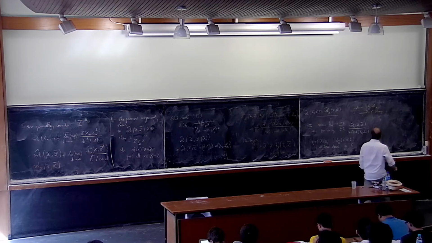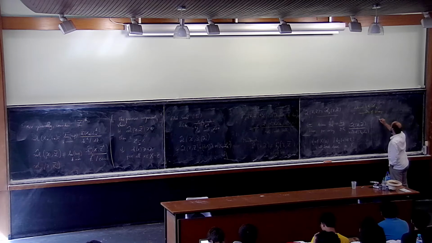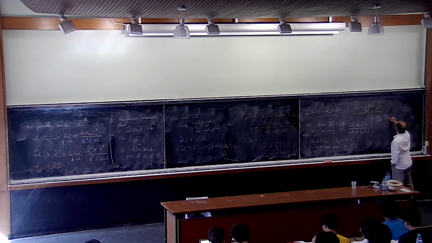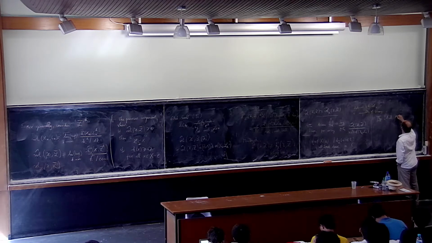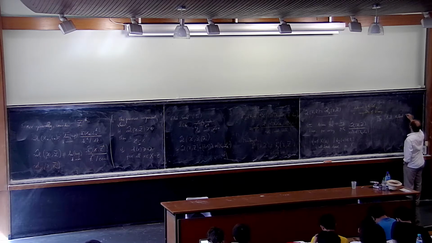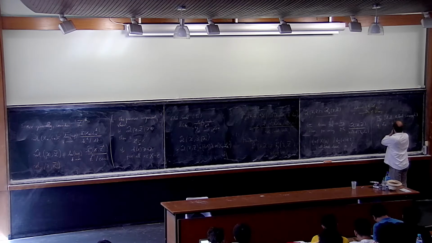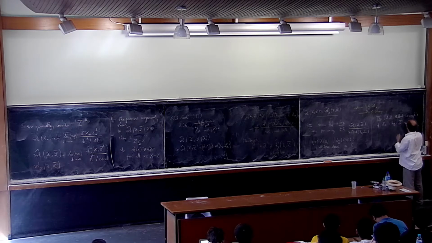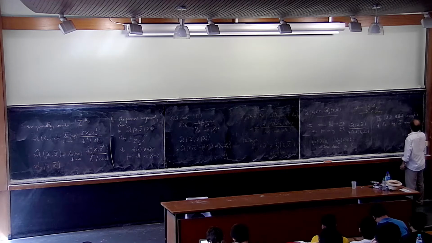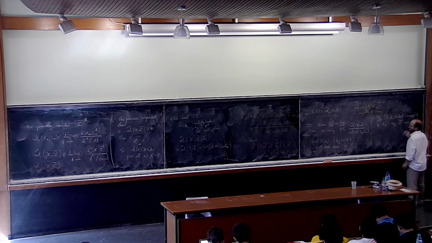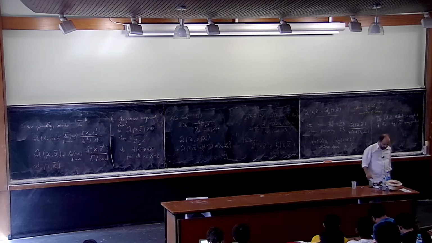And so now I need to quote the arithmetic Hilbert-Samuel theorem, and that says that if L_Q is big, L bar semi-positive, I'm not sure whether I should say big or ample.